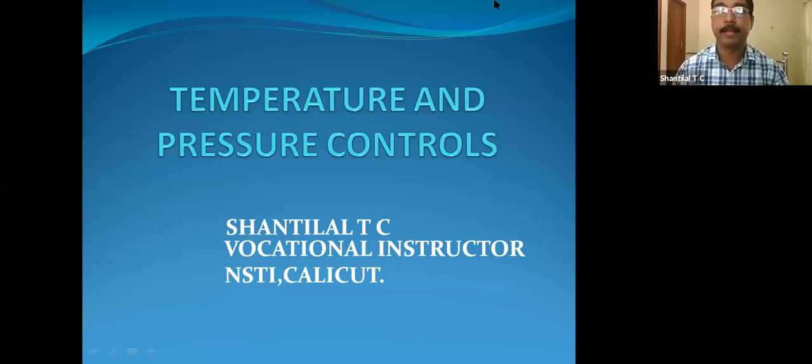Today, I will be discussing temperature and pressure controlling devices. Last class, I discussed the evaporator. The evaporator has low pressure and low temperature, and the condenser has high pressure and high temperature.